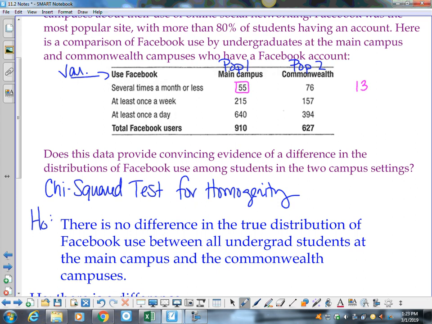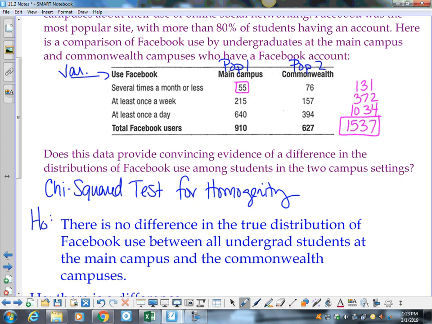What is that? 131? 2633, 72, 1310, 34. Check me on that one. Yes. And then 1537. Is that right? Make sure you get your total right, because that's used in every single one of them.